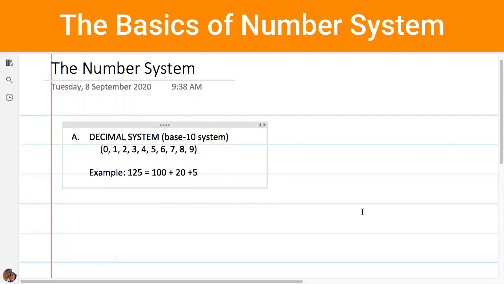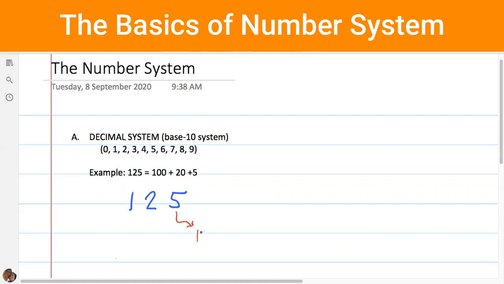This is my 125, and we are going to discuss more about the place value of this number. In this case, the place value of 5 is actually ones.